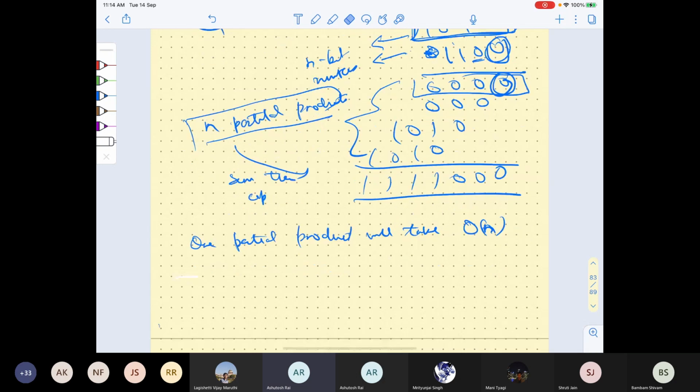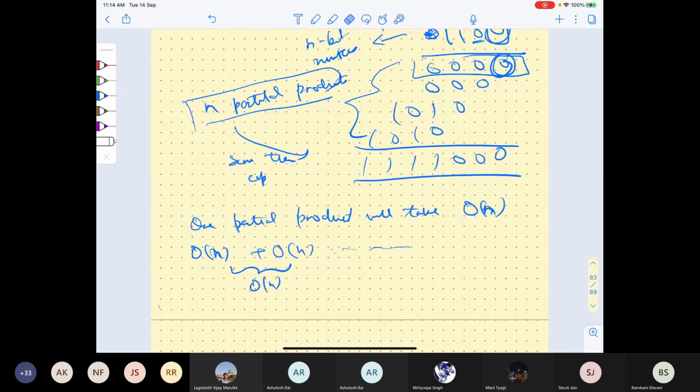And there are n of them that you need to sum up. You obtain the first one in order n time, then you obtain the other one in order n time, then sum it up, and the summation will take order n time, because there are n digits to be summed up. So for each partial product, you spend order n time computing it, and order n time summing it up to whatever sum you have so far.